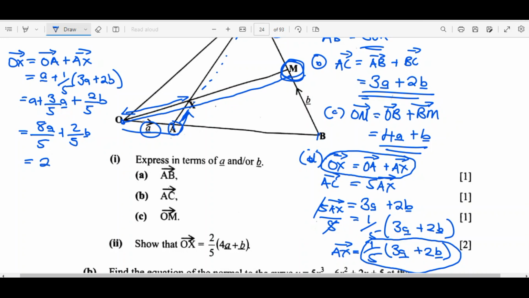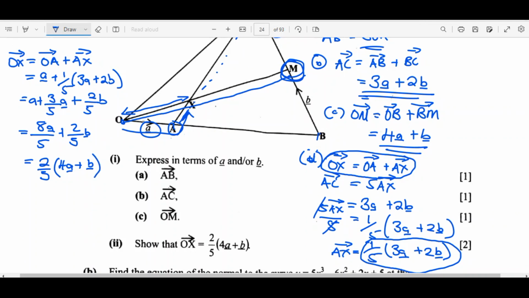So we'd say 2 over 5, open bracket, 2 into 2 is 1, 2 into 8 is 4, so 4a plus b.